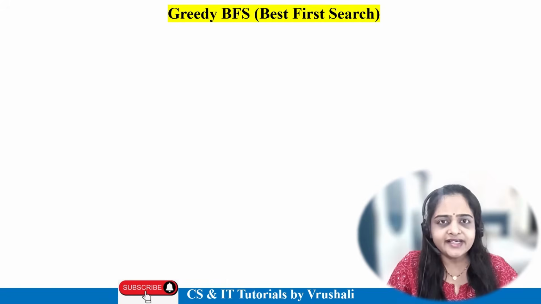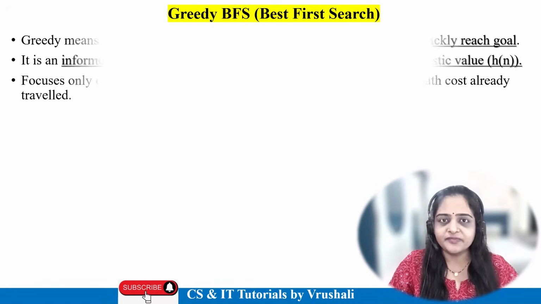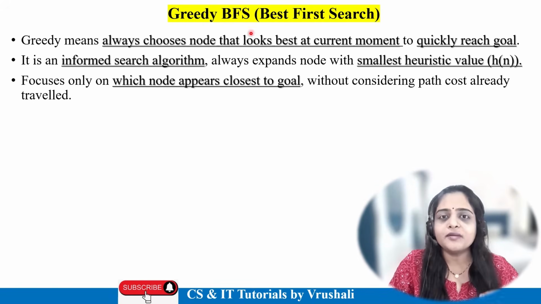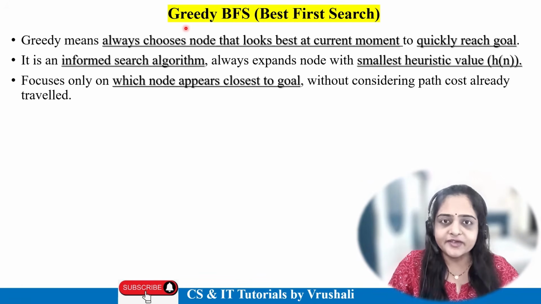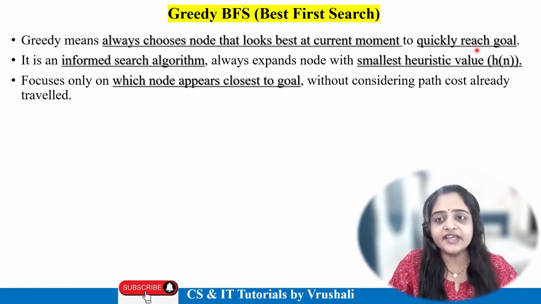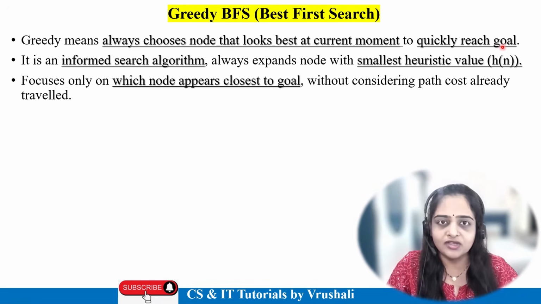Now what exactly is greedy BFS? BFS stands for Best First Search algorithm. It is one of the simplest searching algorithms in artificial intelligence. Now what exactly is greedy? Greedy means it always finds the node or path which quickly reaches your goal.